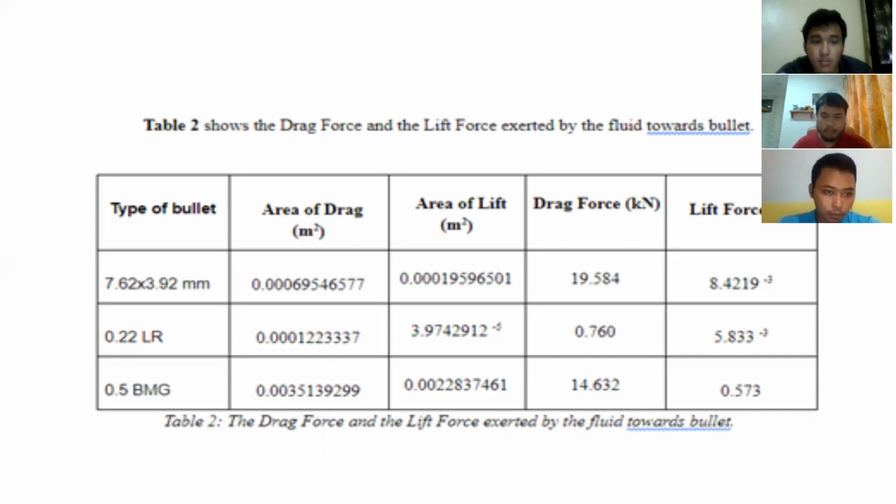From this table, we know that the highest drag force is 19.584, which is for the 7.62 type of bullet, and the bullet with the highest lift force is the 0.5 BMG, which is 0.573.